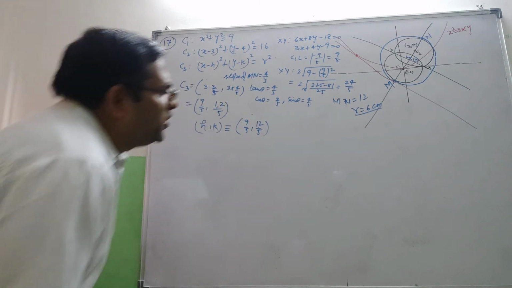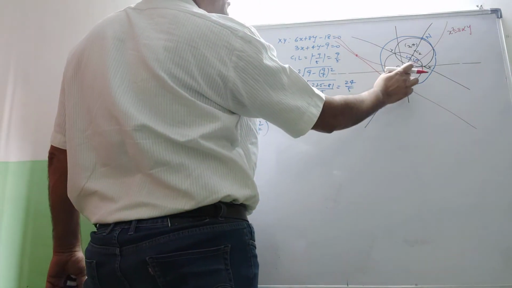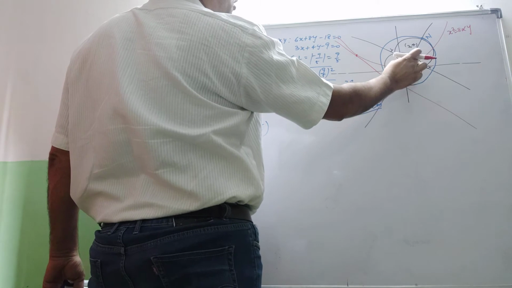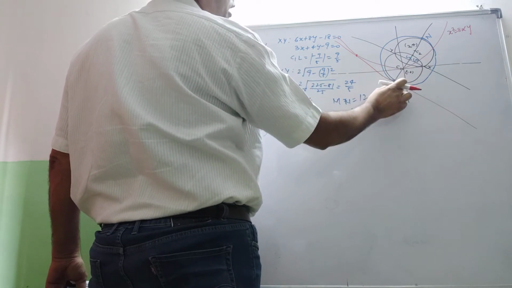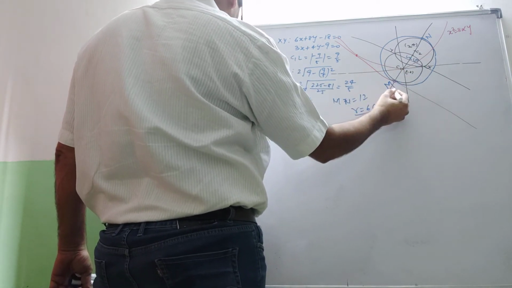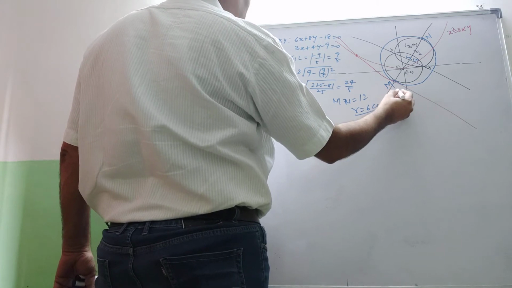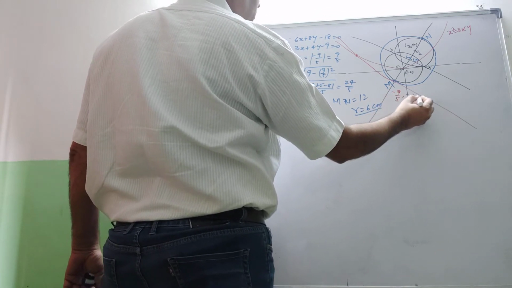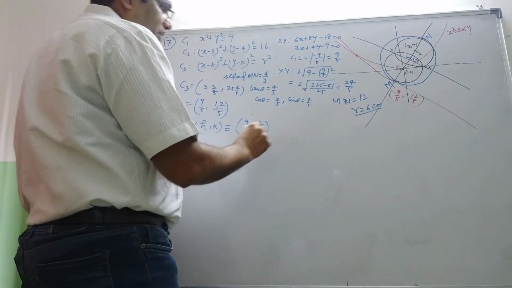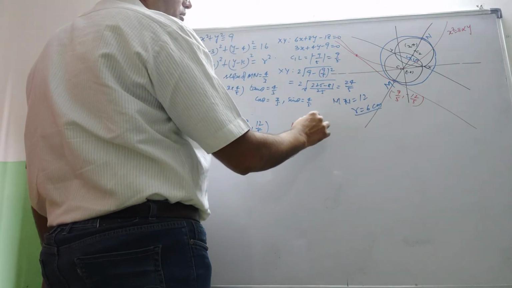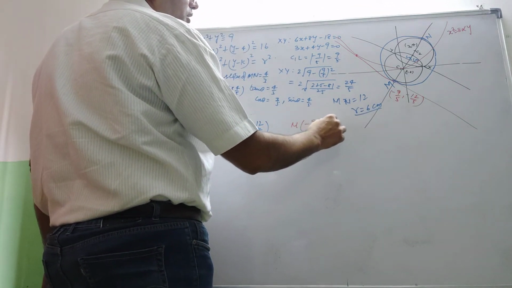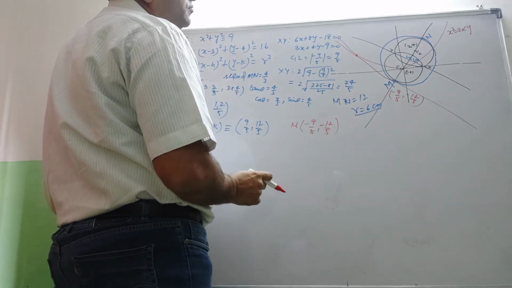If we have to write the coordinates of M, it is the midpoint of C3 and M is 0, 0, it means coordinates of M will be minus 9 by 5, minus 12 by 5.